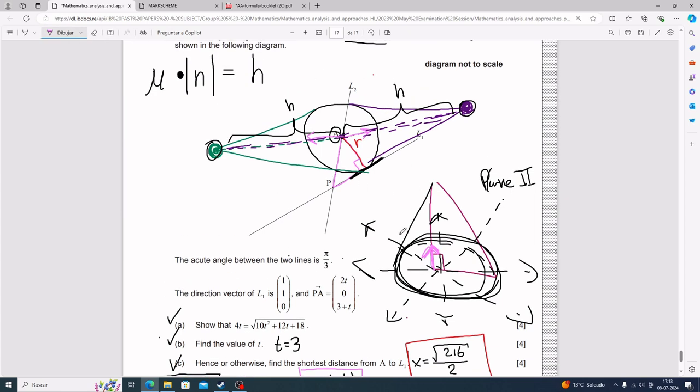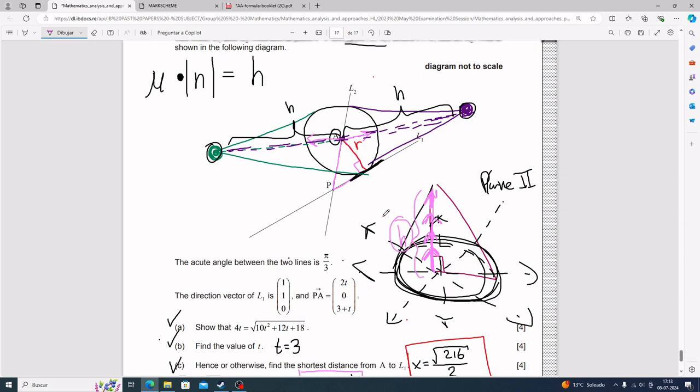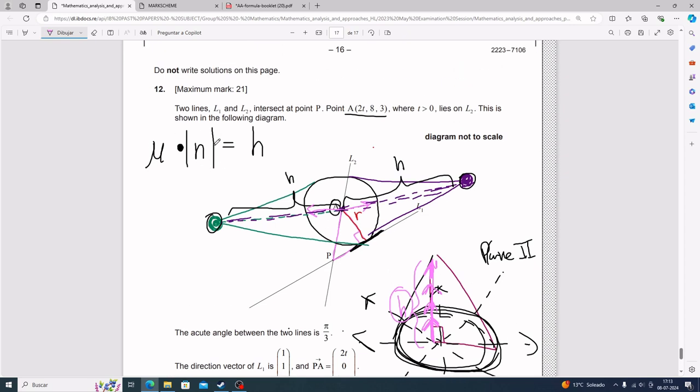And all you know is that you need to multiply this some amount of times, maybe 2 times, maybe 3 times, maybe 4 times, until you fulfill and reach the distance of h, okay? And so that is why you have to take your normal vector, multiply by some amount, which we will discover now, and get h, okay?